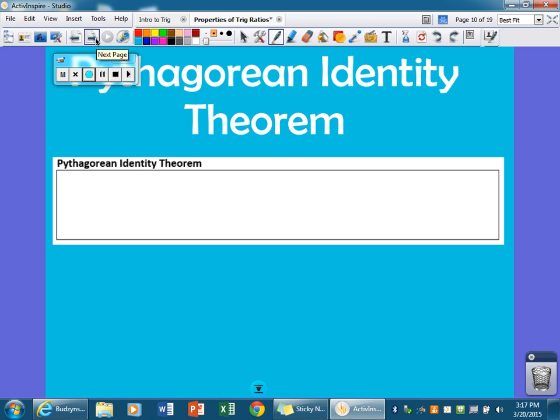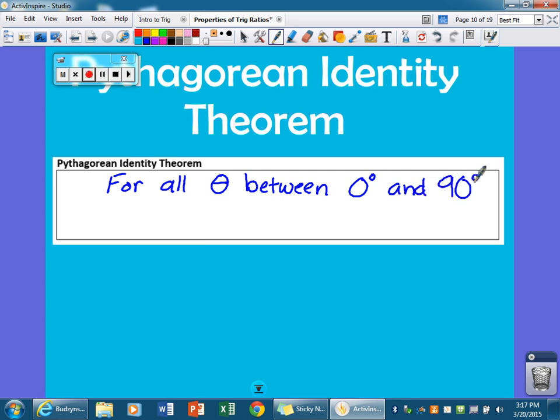Okay, our next theorem is the Pythagorean identity theorem. This one is actually even easier. So it says, for all theta between 0 degrees and 90. So again, we're working with 0 to 90 degrees, and theta is still your angle. Here's what it states.